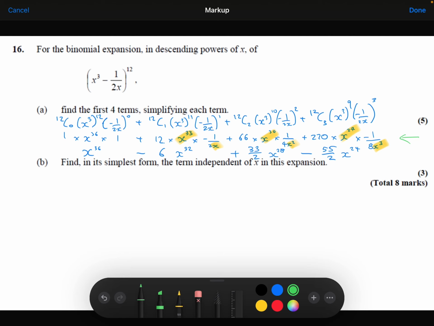The x to the power 30 was being divided by the x squared. The x to the power 27 was being divided by the x cubed. There will come a term eventually where both of those things cancel out. I need to think which term that would be. How is it that this term will be cancelled out by this term?